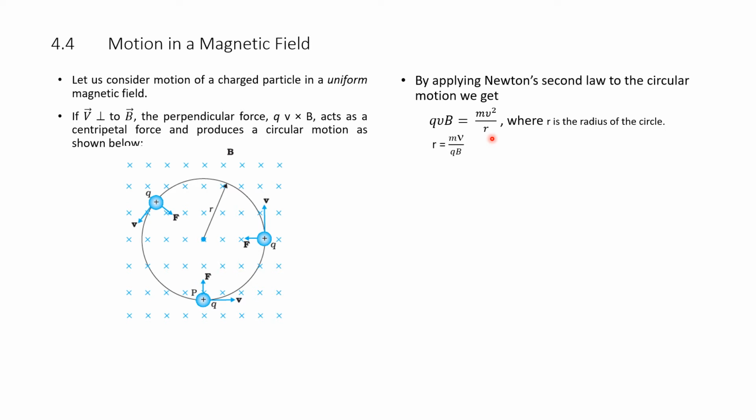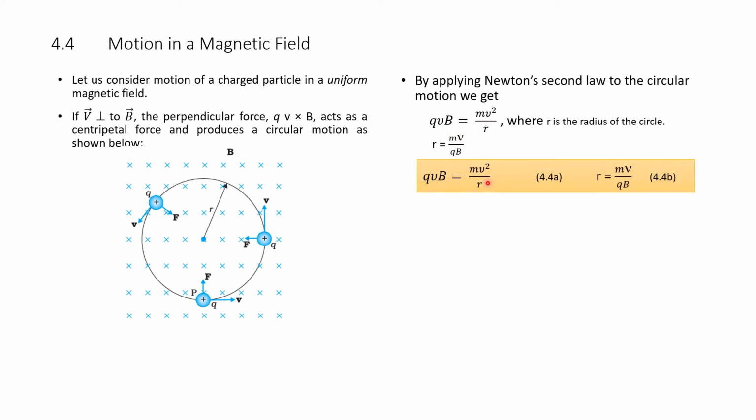Rearranging for the value of r, one v cancels, so it remains mv by qB. This is the equation for the radius of the circle: r is equal to mv by qB.